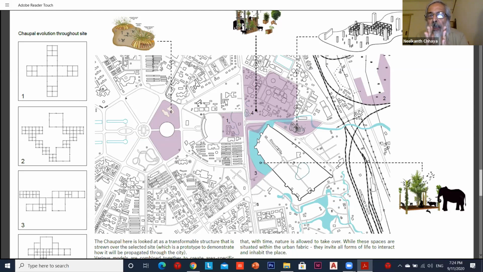The one-dimensional approach to species extinction is an approach which doesn't value life. You know, for example, they say, oh, this is an invasive species.